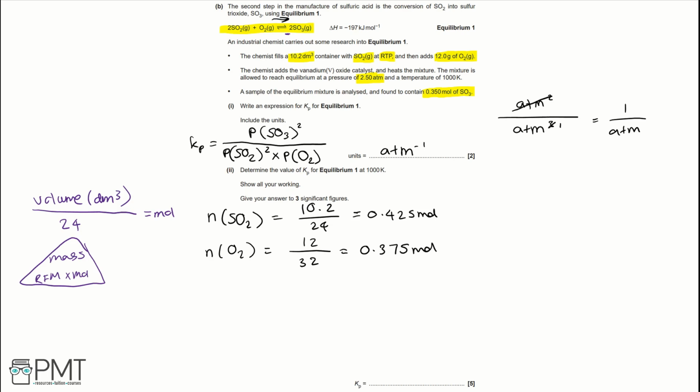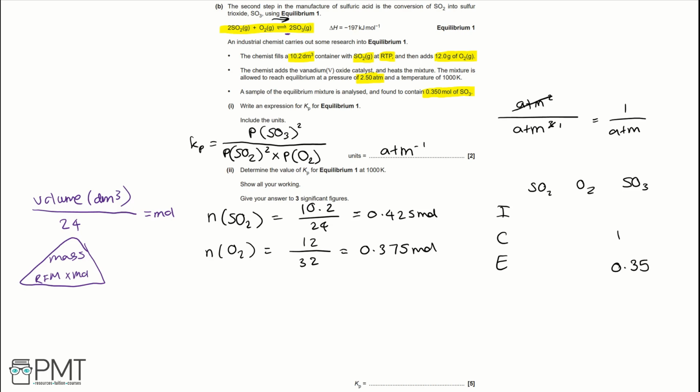And that's going to equal 0.375 moles. Then we're going to use ICE. This is an acronym for working out the moles at equilibrium. So we've got our initial moles, our change in moles, and our moles at equilibrium. So our moles at equilibrium for SO3 is, we've been told in the question, 0.35.